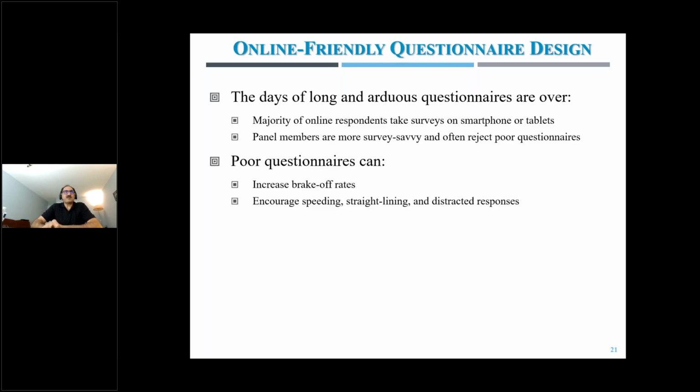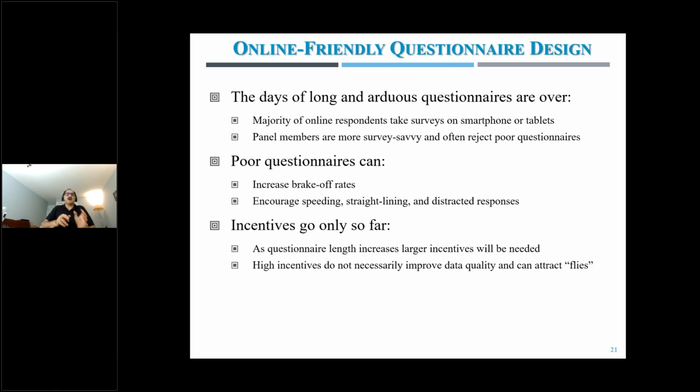So poor questionnaires can increase break-offs, or it can promote suboptimal survey taking behaviors such as speeding, straight-lining, or other related issues. And it's also important to note that incentives can go only so far, right?